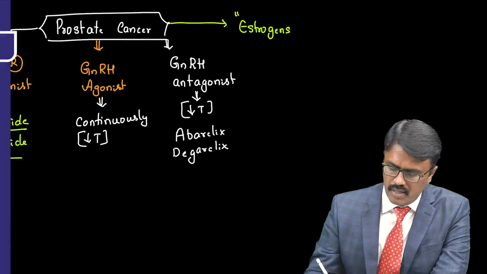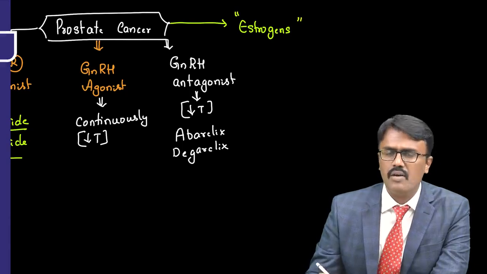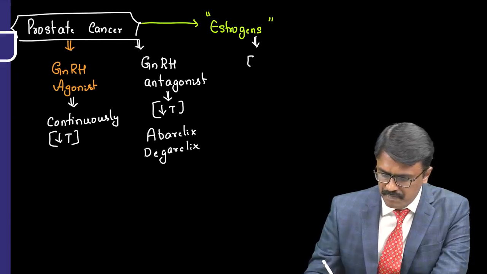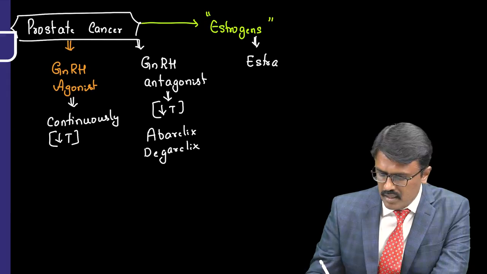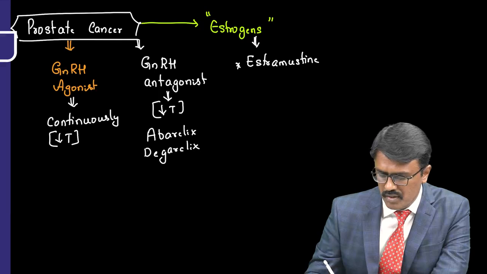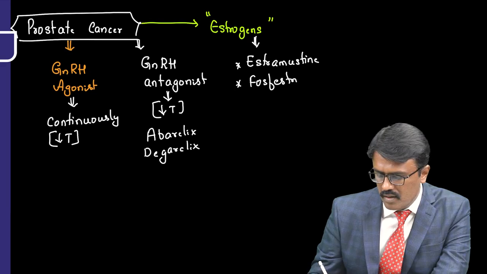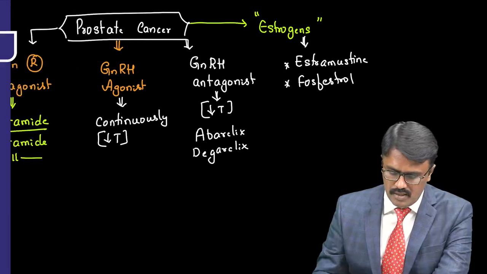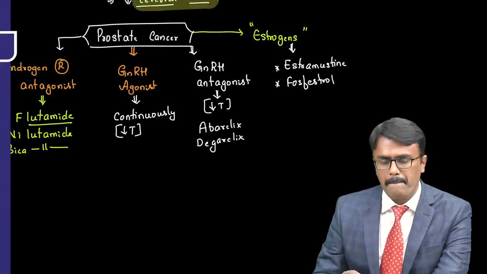Keeping that in mind, estrogens were also used in prostate cancer, not now, in earlier days. The estrogen preparations are estramustine, which I told you is a combination of estrogen and nor-mustard, and a drug called fosfestrol, which is converted in the prostate into stilbestrol. So these are the drugs for prostate cancer.